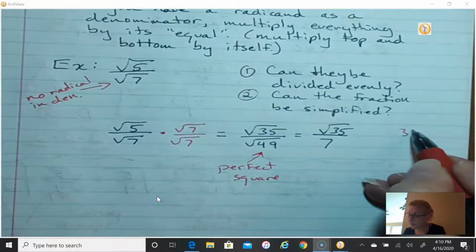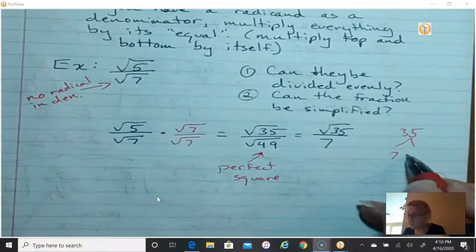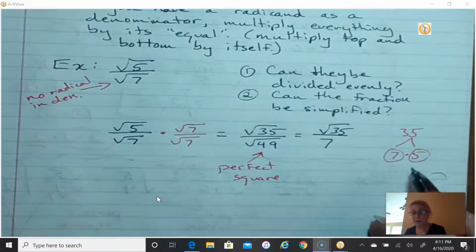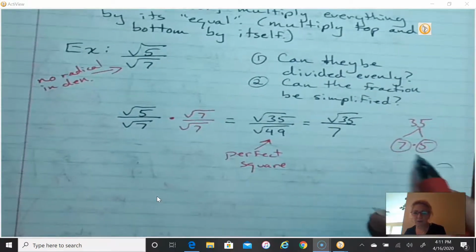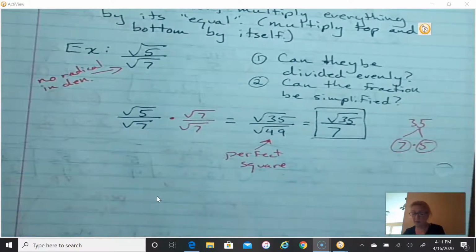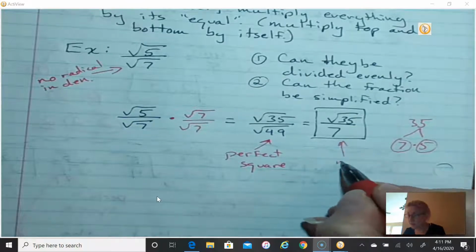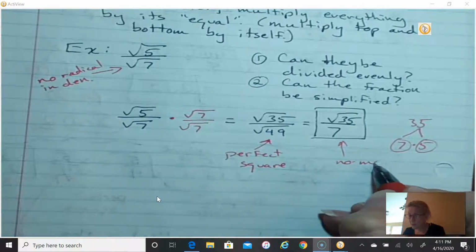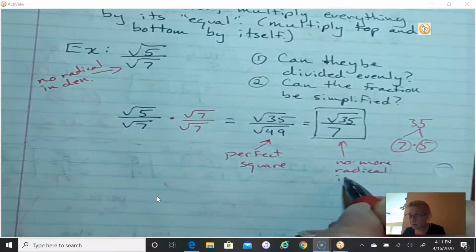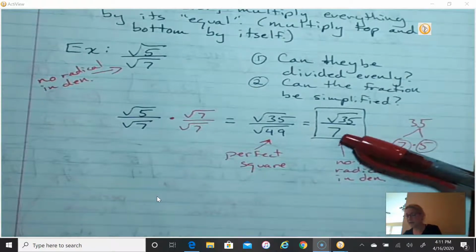Well, let's see. That's just 7 times 5. Those are both prime numbers. You can't take out any pair. So this is as simplified as it's going to get. There's no more radical in the denominator.